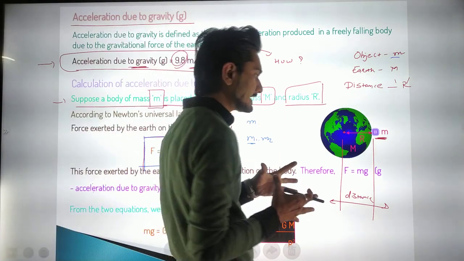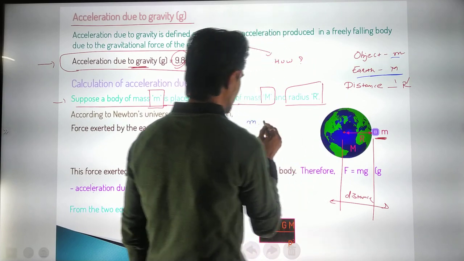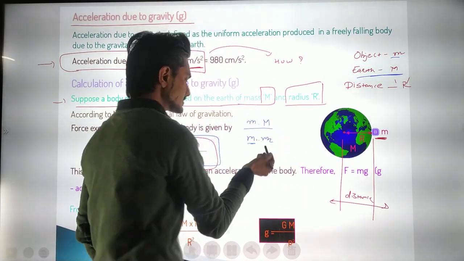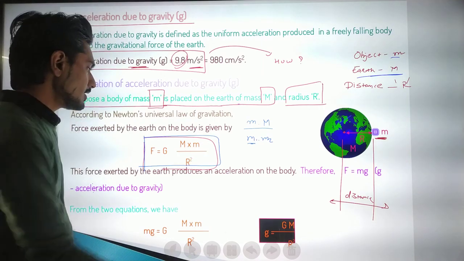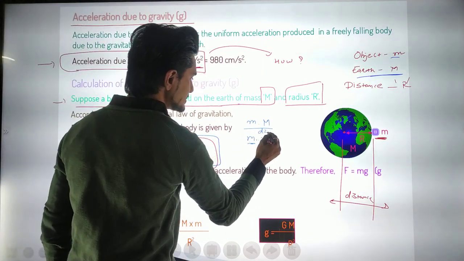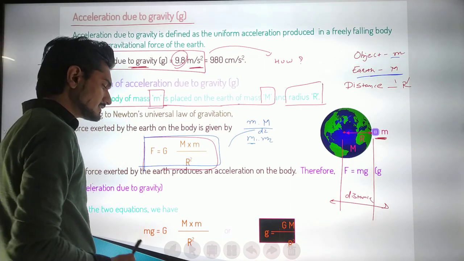We have taken object 2 as the earth, so the earth's mass is capital M. So this is the value of capital M into small m upon d square. Now d square is replaced with r square, so that is nothing new in this topic.